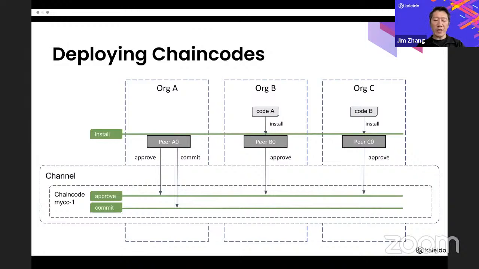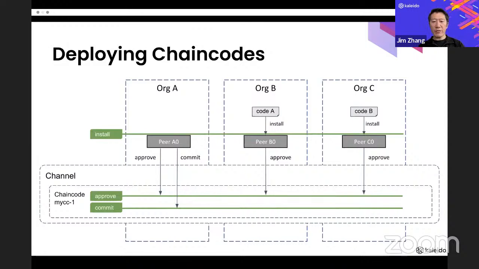So a new lifecycle process has been designed since the 2.0 architecture that, on one hand, makes it more powerful. Each participant of the channel has a say in whether this chaincode should be adopted in the channel. But as a result, it's also gotten quite complex. So let's take a look at the multiple steps required to instantiate the chaincode.